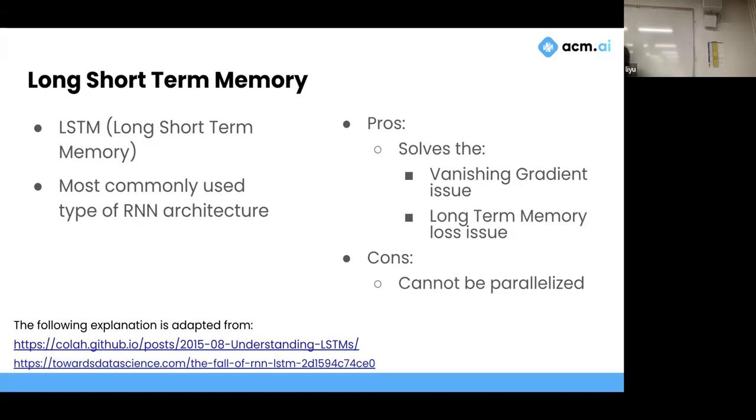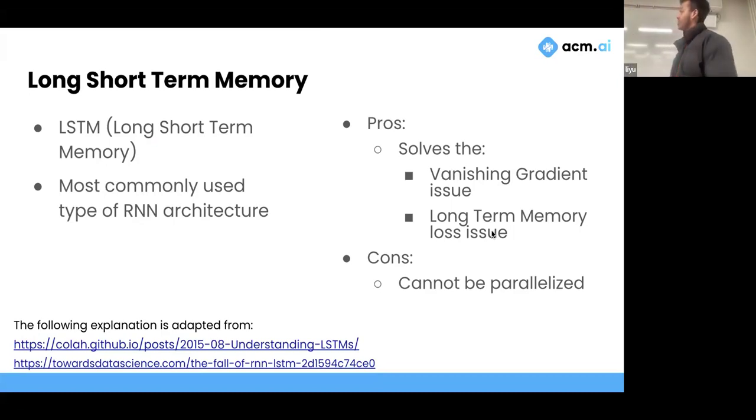The first pro is that it solves the vanishing gradient problem. Not fully, but it does solve it at a much better rate than the vanilla RNN. And additionally, it's a little bit better with long-term memory, but there's still an issue with long-term memory. That's why transformers and so on work better.